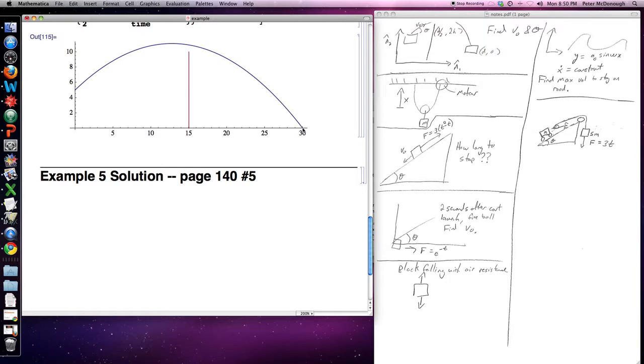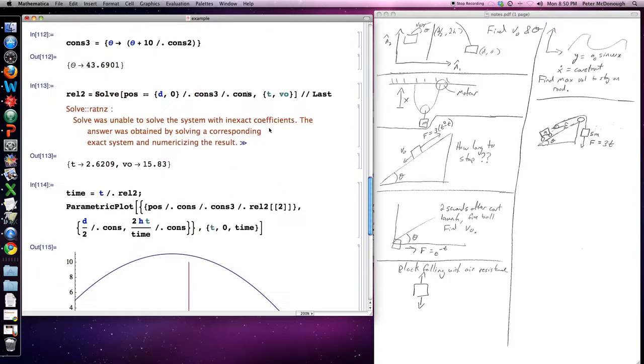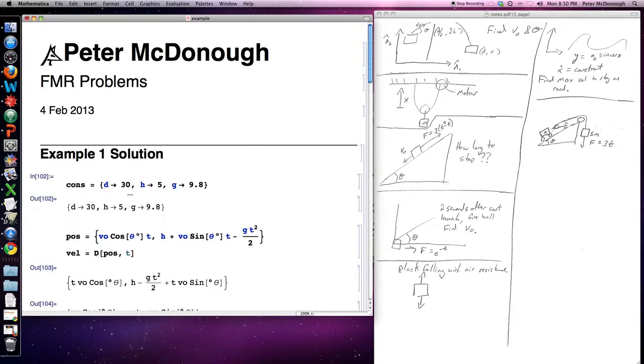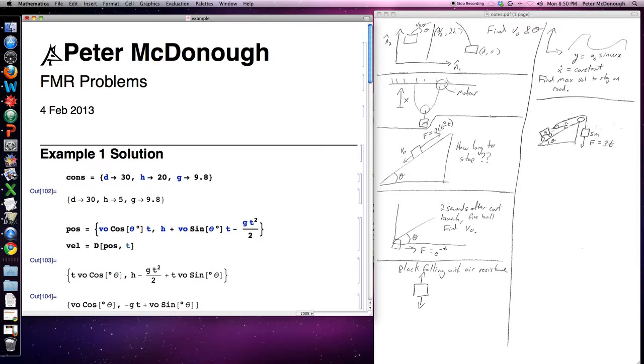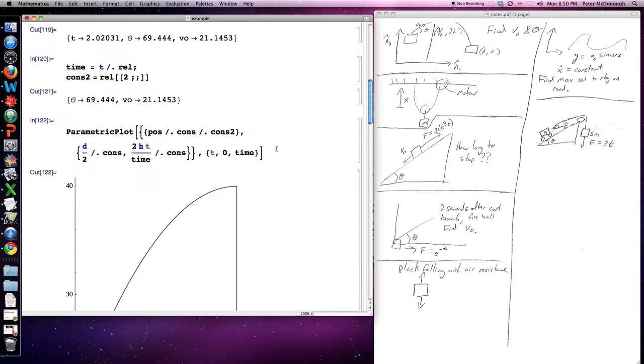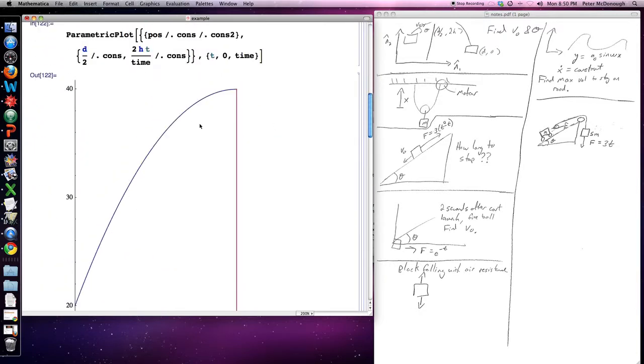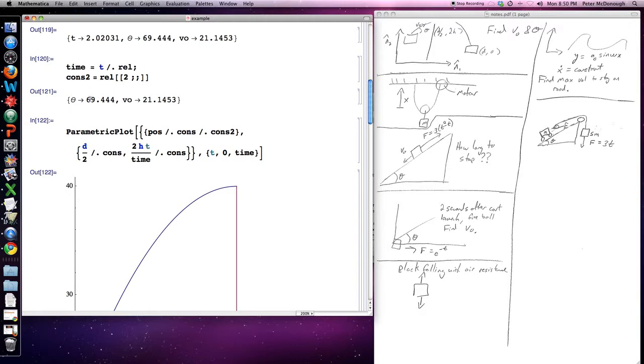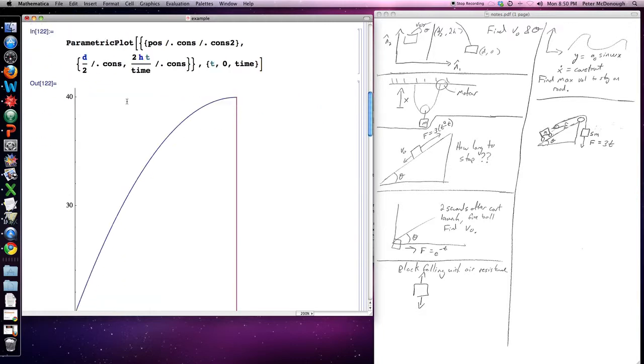Everything checks out, and since I kept everything in symbolic notation, I can come up here and change this height to maybe say 20. So I have a much taller wall now, and I'll just reevaluate this whole section of code. I have to launch, looks like much higher into the air this time. I've got a 70-degree launch angle.